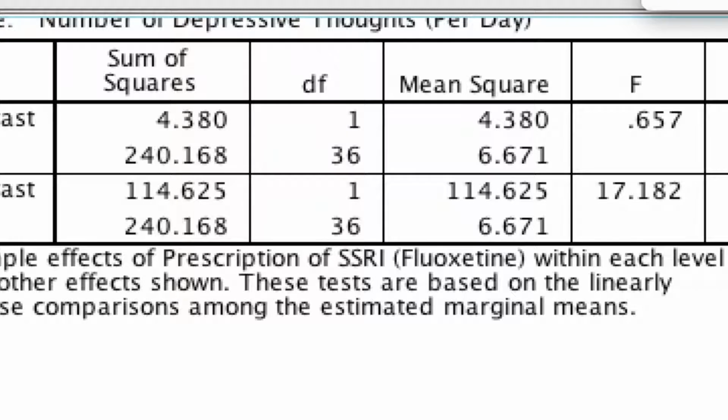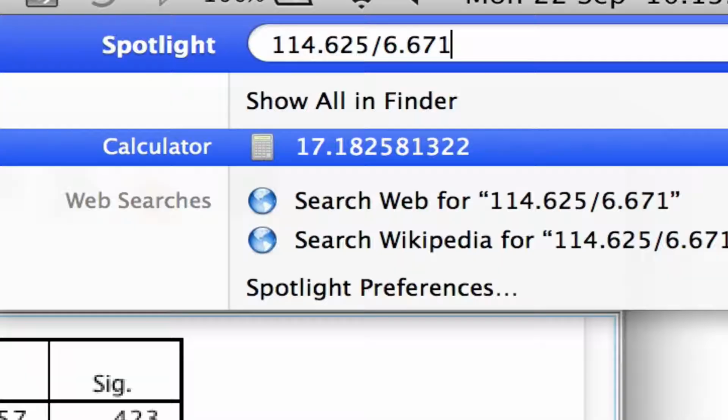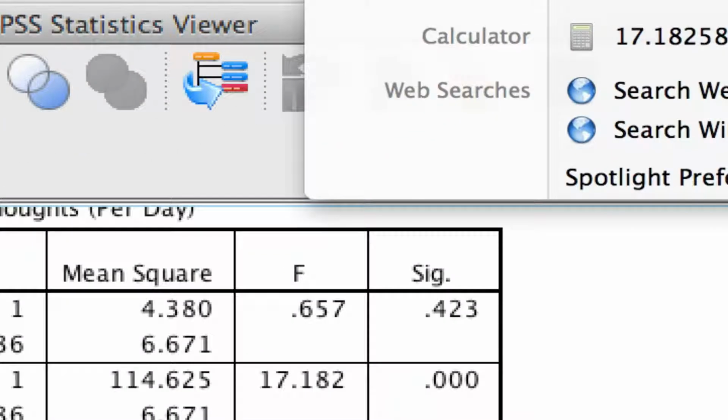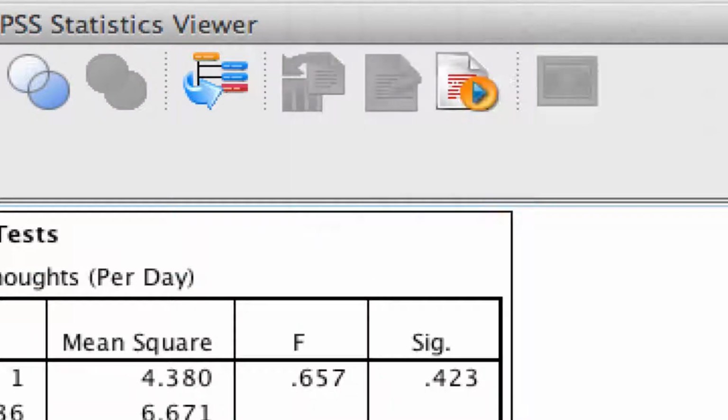And we notice we get 17.1, just like we do here, and that would yield the same p-value.